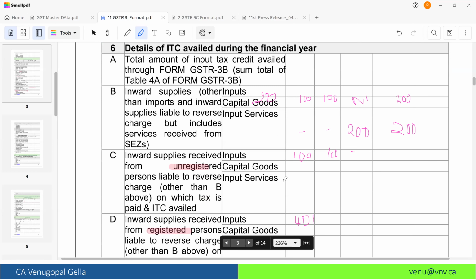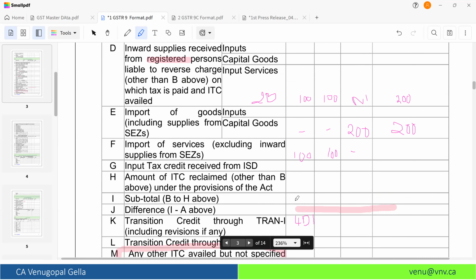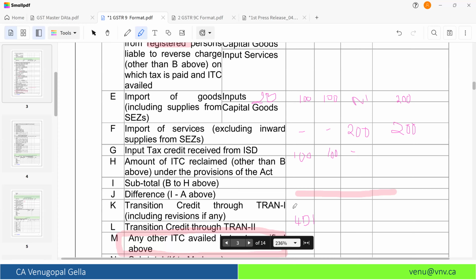In your 6J, the difference will be, since you do not have a value, it will give you a negative. It will give you a minus 100 and minus 100 and plus 200. So one of the validation checks that you should also have is 6J net should be 0.